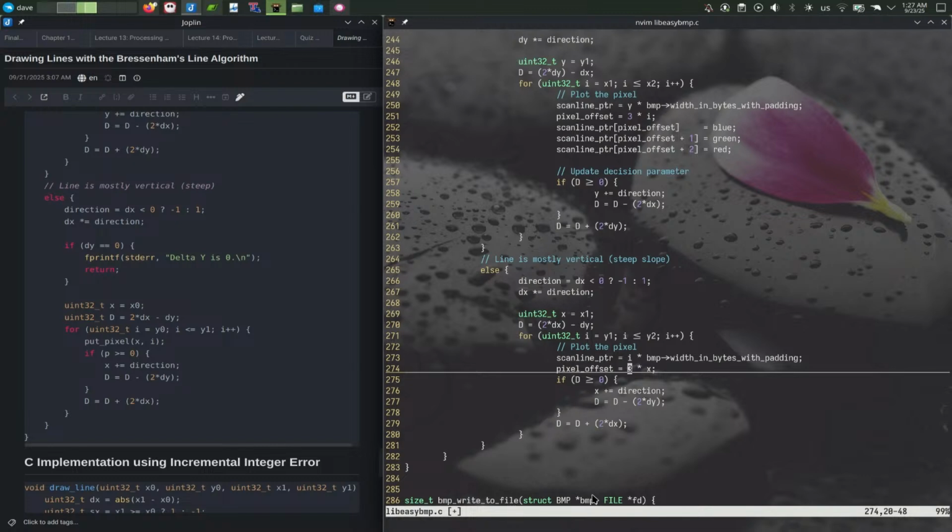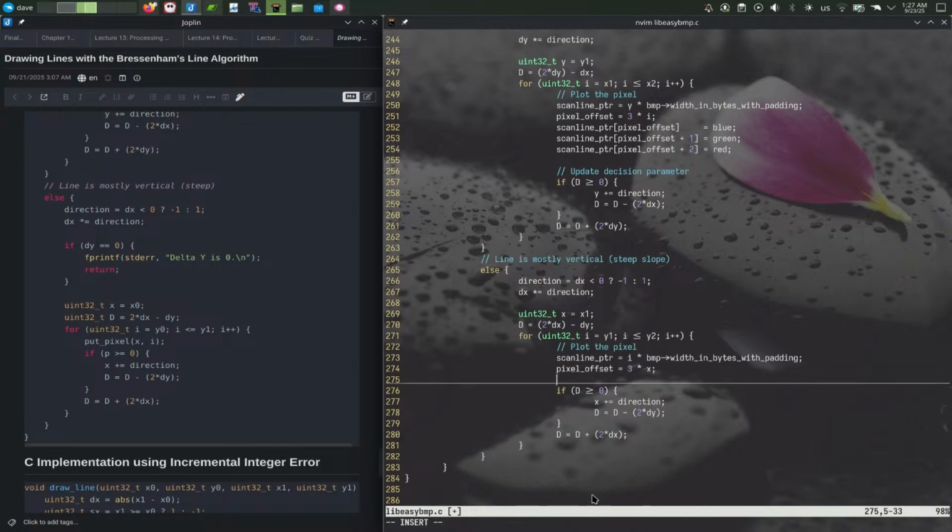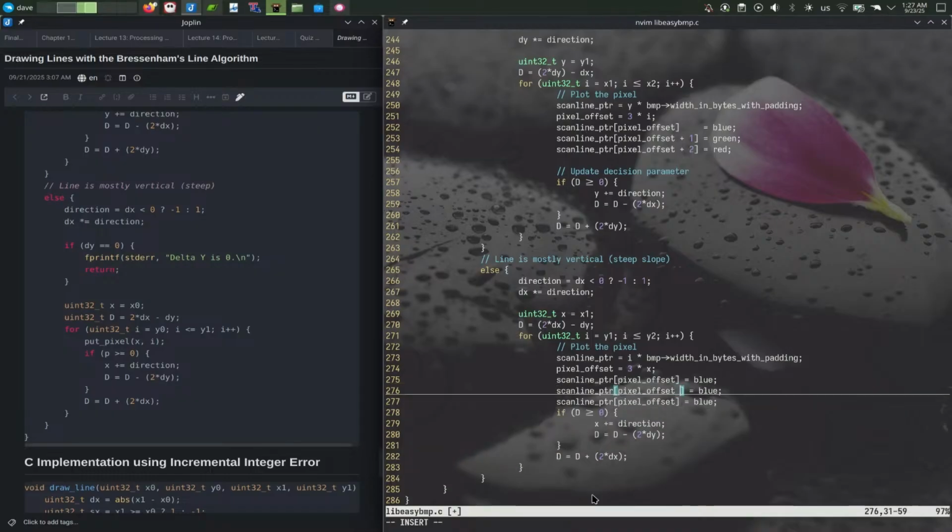The pixel offset is going to be 3 times X. And so then we're going to go ahead and put the value. So we're going to do there we go. And I believe that ought to be the function.